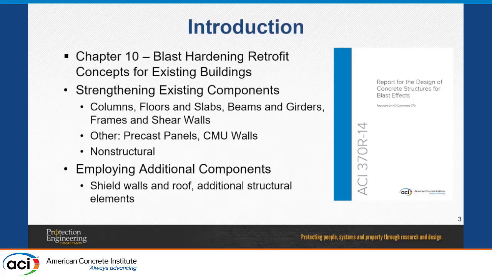This chapter covered different types of retrofits, including strengthening of existing elements and also employing additional elements. These include structural elements, columns, floors, slabs, but also non-structural walls like CMU, reinforced CMU, unreinforced CMU, precast panels, and so on.